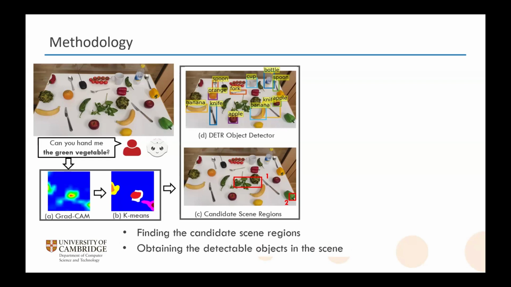After finding these candidate scene regions, the robot detected objects in the scene by using a transformers-based network. Here, knife, banana, spoon are detectable objects, but there are undetectable objects as well, like artichoke, bell pepper, the basil. These are non-detectable objects. So it detected the ones that are detectable by existing object detectors, and we have the candidate objects.